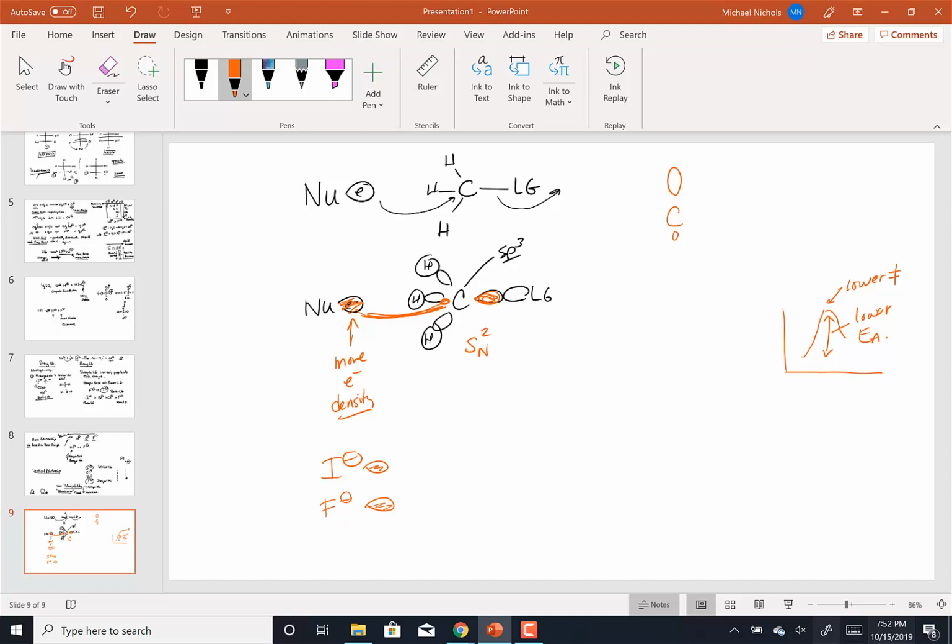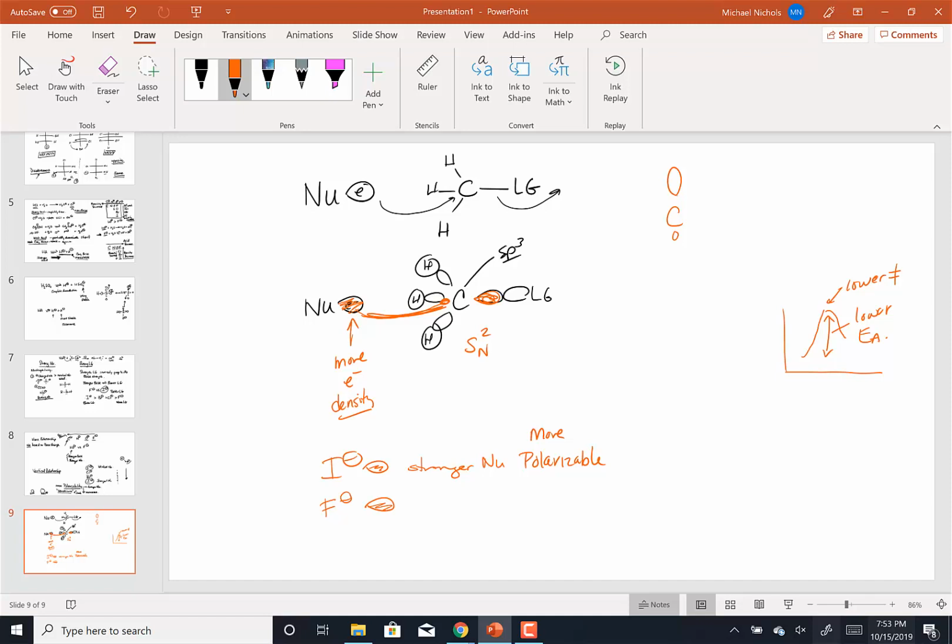You can't increase the amount of electron density within that lobe because you're like a golf ball. There's nothing to squish. So this is the explanation that we use to say this is why I minus is a stronger nucleophile and F minus is weaker, because I minus is more polarizable than F minus is.